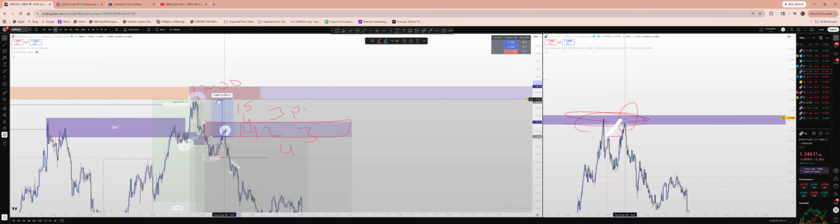Now I cut that in half. This would still be a $1,000 loss. But guess what? Here I'll be at 70 lots, 75 lots. That equals a $1,000 stop loss. You understand what I'm saying?